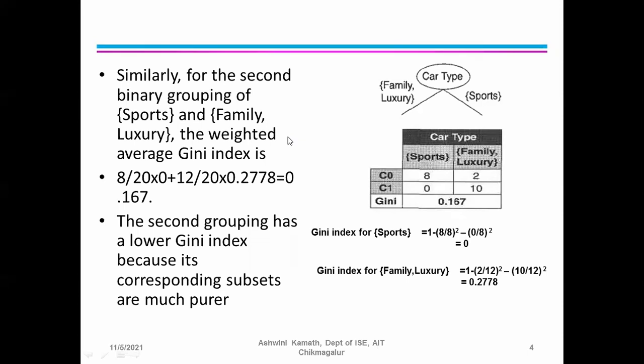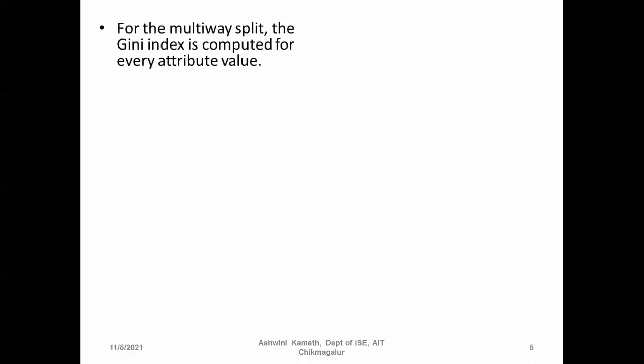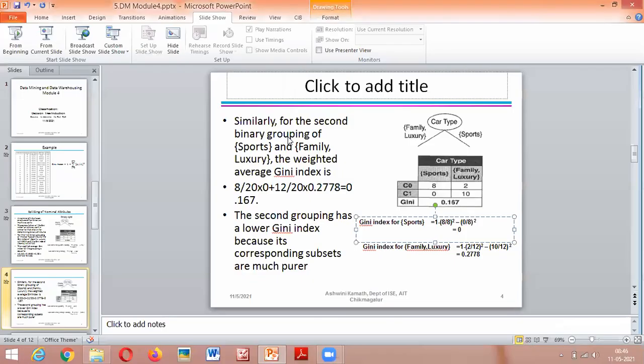Okay. Next we'll discuss the multi-way split. For the multi-way split, the Gini index is computed for every attribute value. For each attribute value, we have to compute.